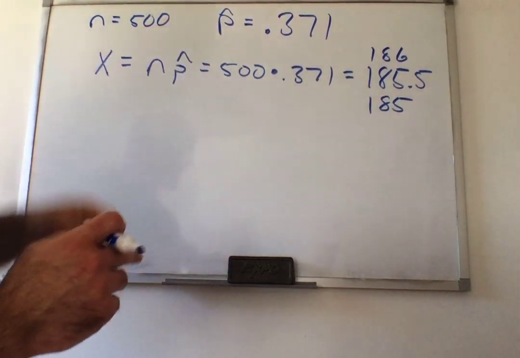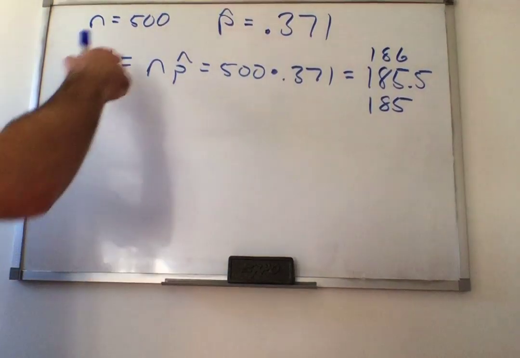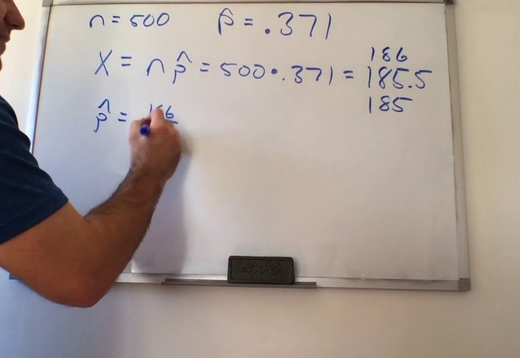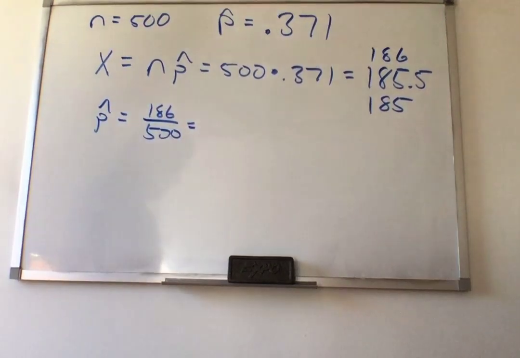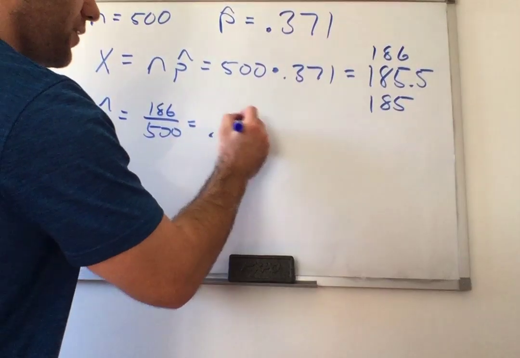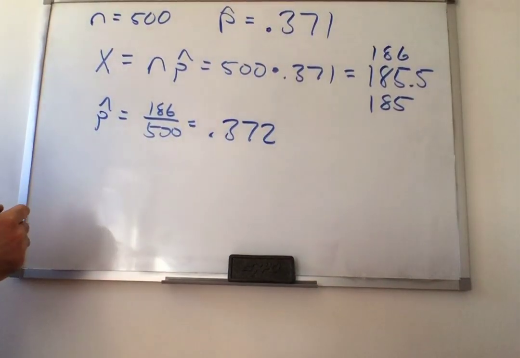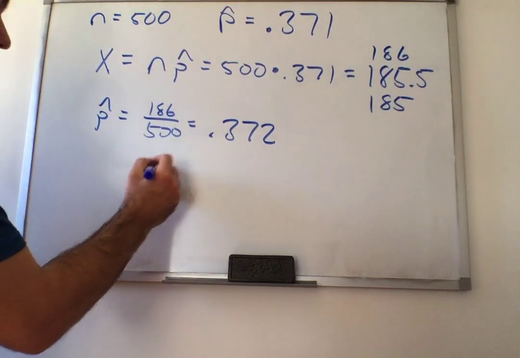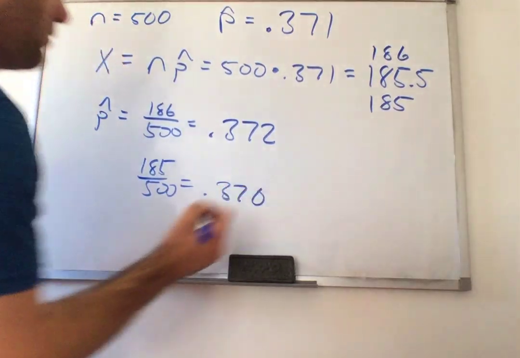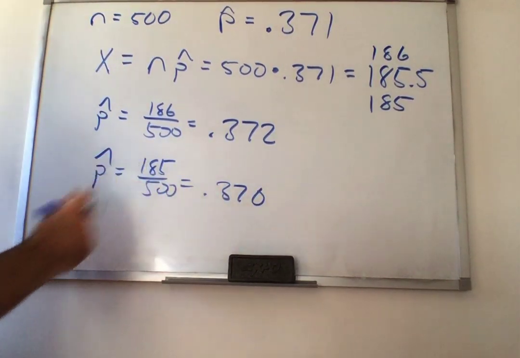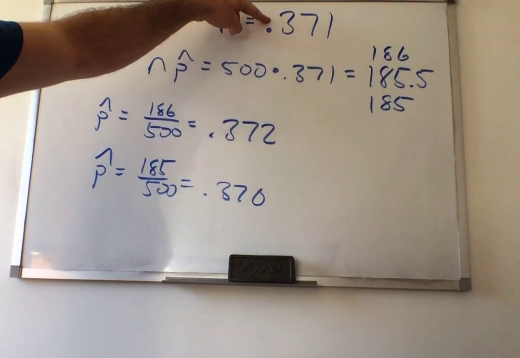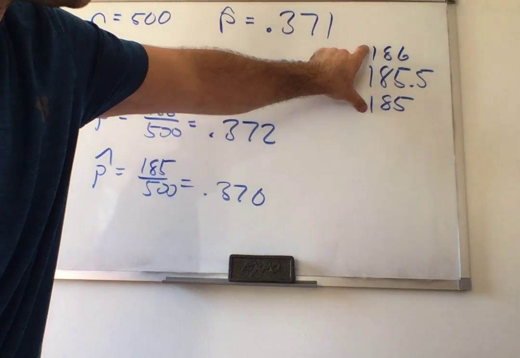Because the point estimate for the calculator, when you pick one of these numbers, will be p hat is equal to 186 divided by 500, which is 0.372. If I had to guess what 185 divided by 500 is, it's going to be 0.370. So you could do this by hand using this number, but in the calculator you got to pick one of them.